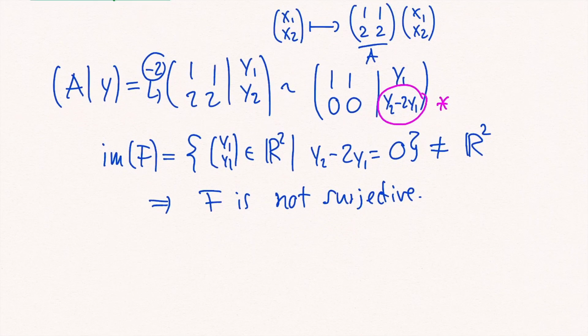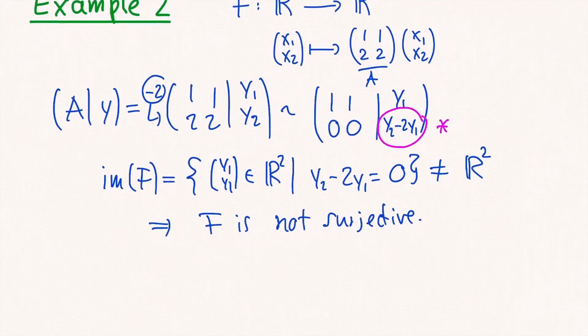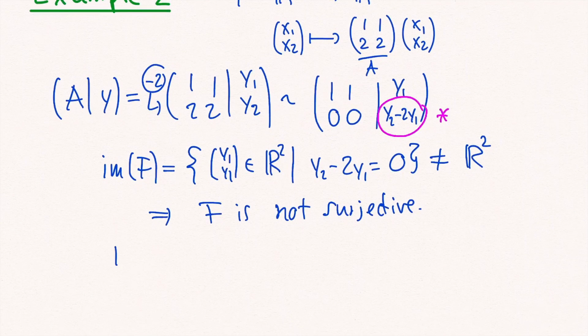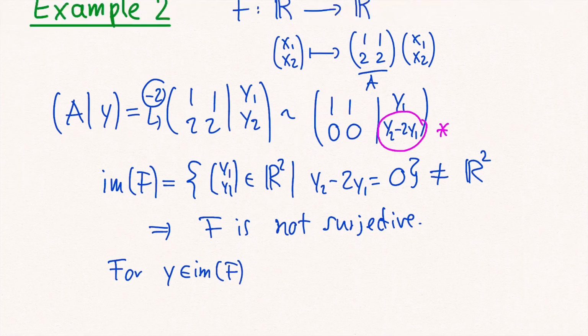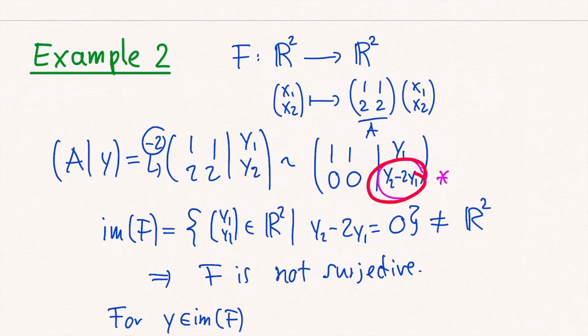And how about injective? Well, if we take something in the image, so if we have some element in the image, so assuming this here is 0, how many solutions do we get? Well, we now have a free variable. Namely x2 is a free variable because it's not a pivot element here.